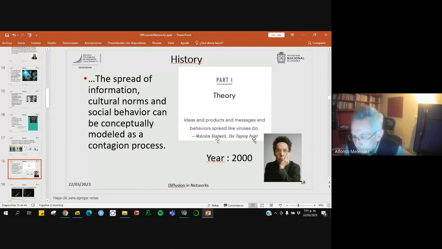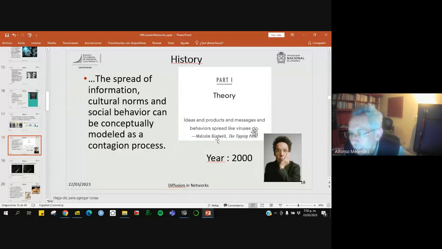One of the famous phrases in that book is this: ideas and products and messages and behaviors spread like viruses do. The spread of information, cultural norms, and social behavior can be modeled as a contagion process. This was in 2000.